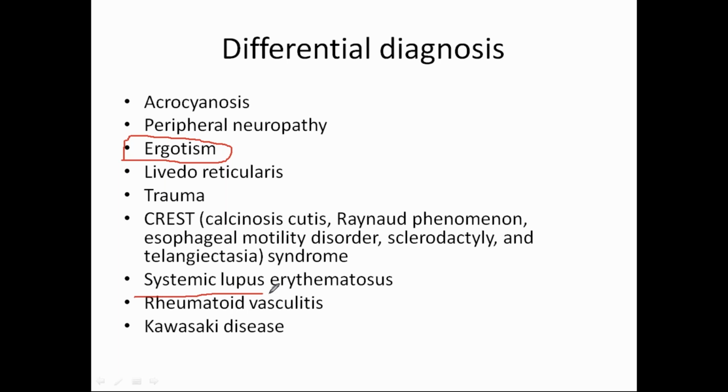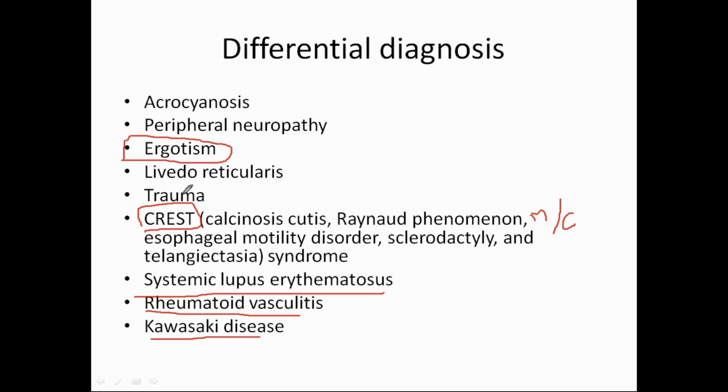SLE, again an inflammatory disease, rheumatoid vasculitis, Kawasaki, CREST. CREST is most common of all. These things are not really that common presenting, but CREST will present usually like Buerger's, so it is a differential diagnosis.